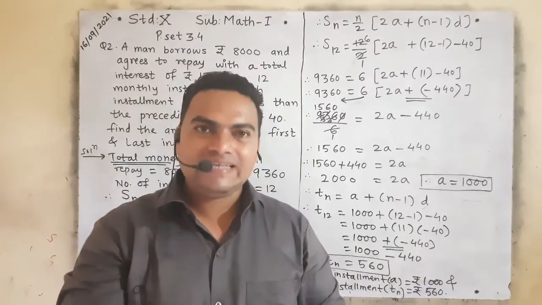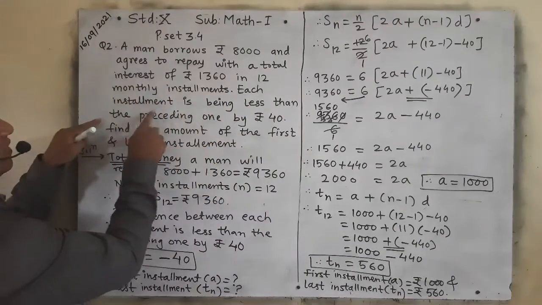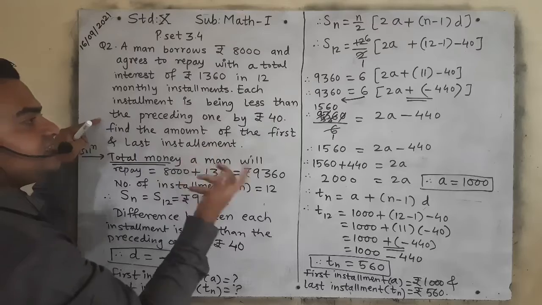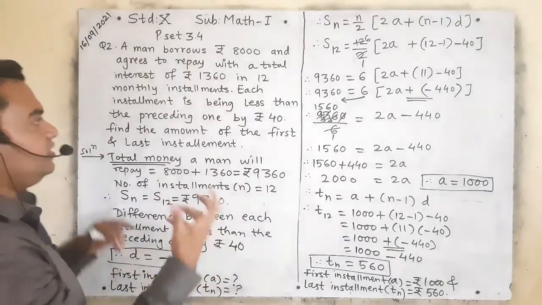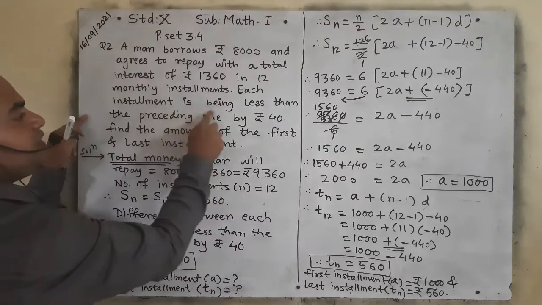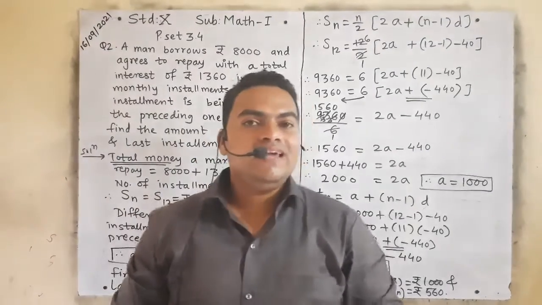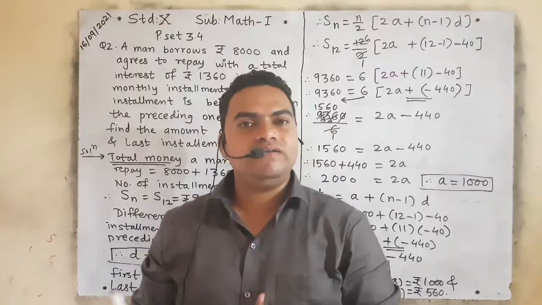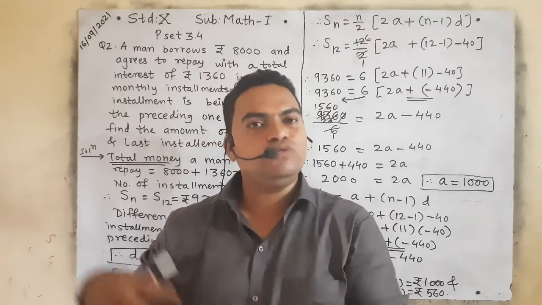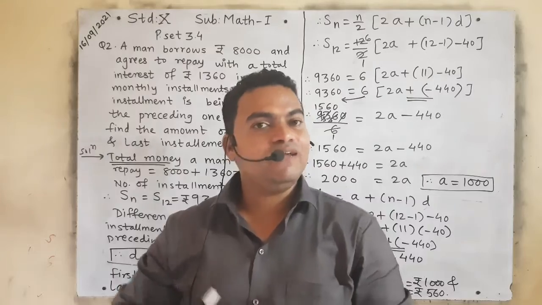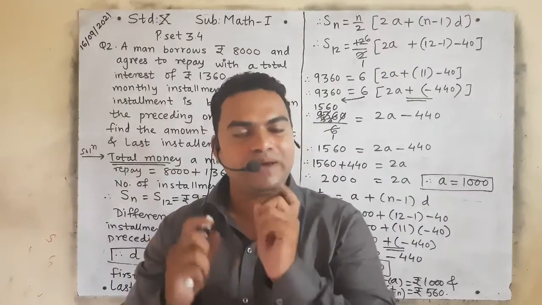So I will give you an example for explaining this line: there will be total installments, but what will the difference be? Difference क्या होगा? D will be what? So, each is less than the preceding one. Suppose in January I have given the first installment to that man, rupees 500. Suppose मैंने उस आदमी को 500 रुपए पहली installment दी.